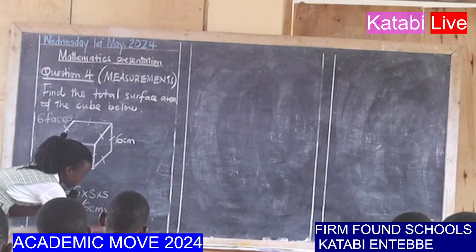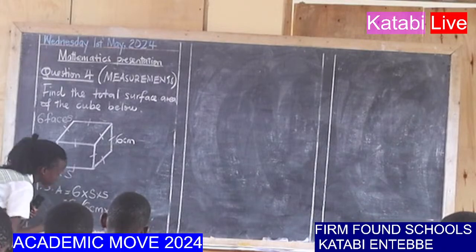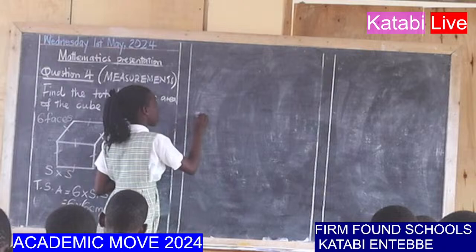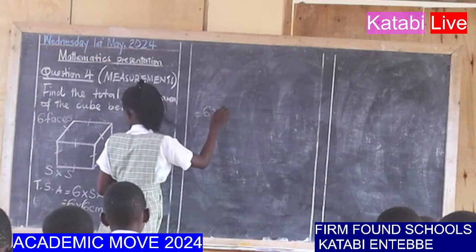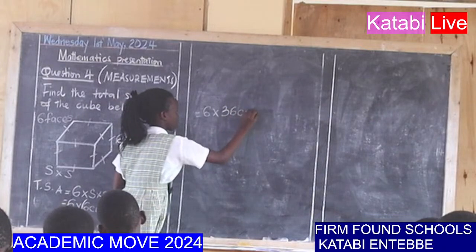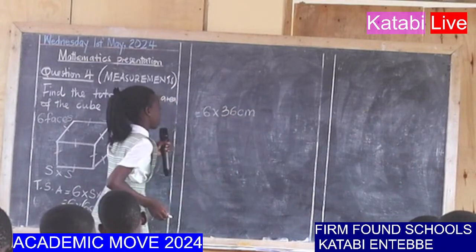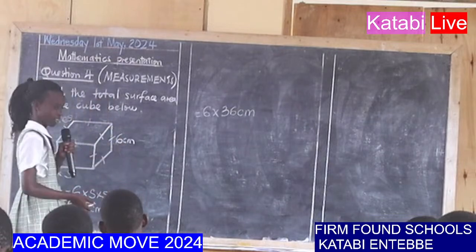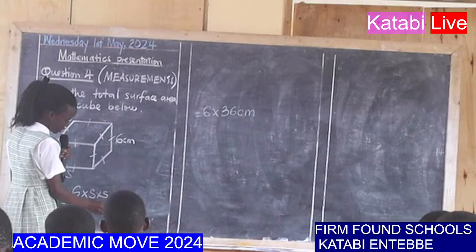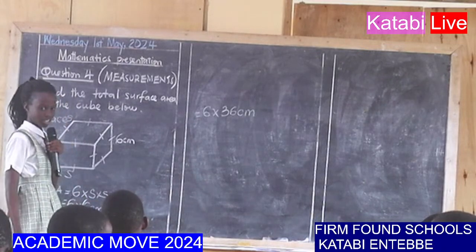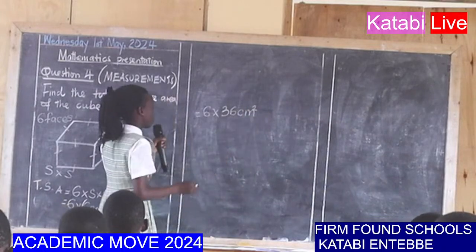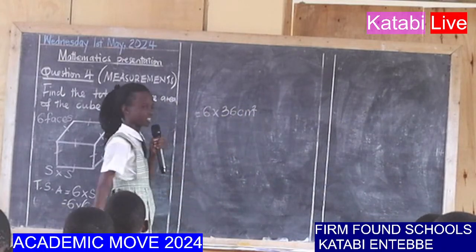What is 6 times 6? What are you going to put here? Squared. Why do we put squared? Because what's a centimeter times a centimeter? That's why you're going to put squared here. So who can tell me 6 times 36?